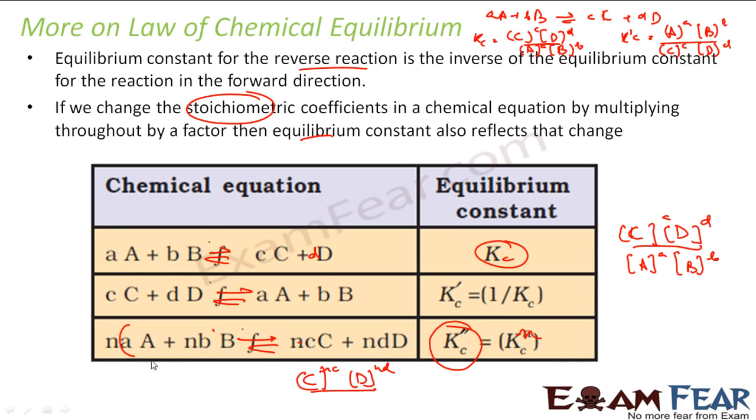Here it will be A to the power na and B to the power nb. So if you take n common, this becomes C to the power c, D to the power d, by A to the power a, B to the power b, all to the power n. And that is nothing but K to the power n. Correct?